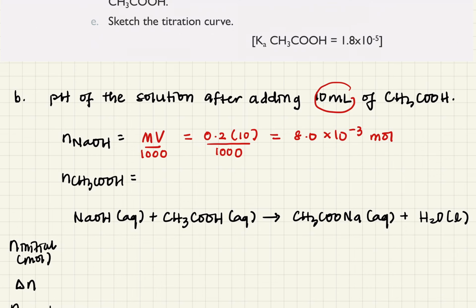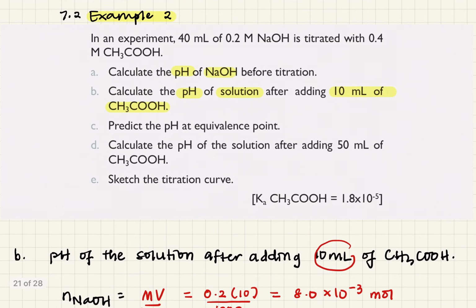So acetic acid, how much are you given? 0.4, isn't it? I'm speaking and I'm dizzy.